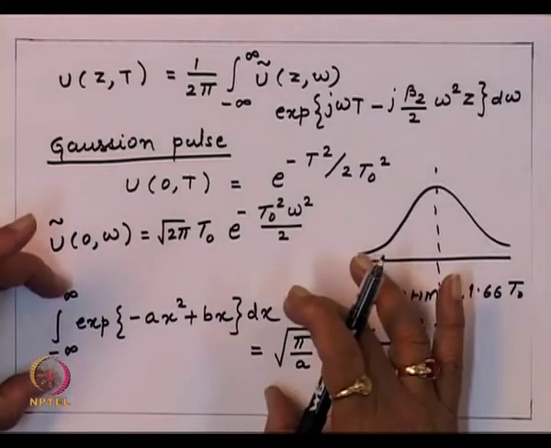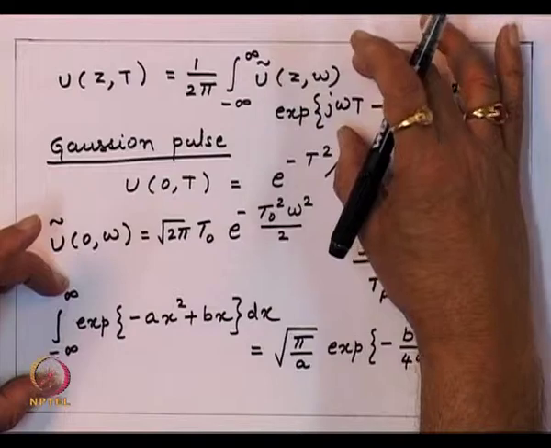So, we can use this standard integral identity to solve this Fourier transform.